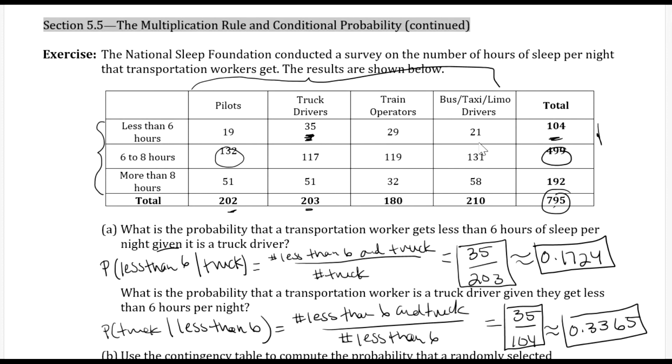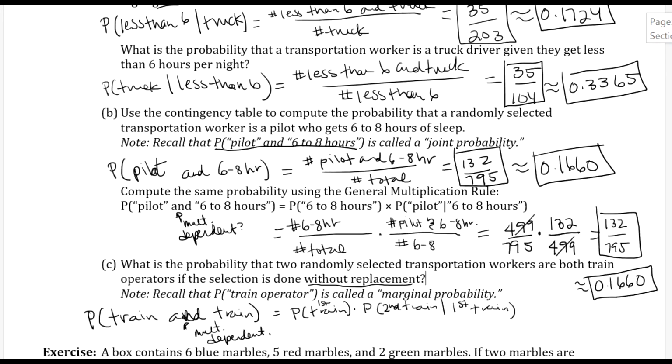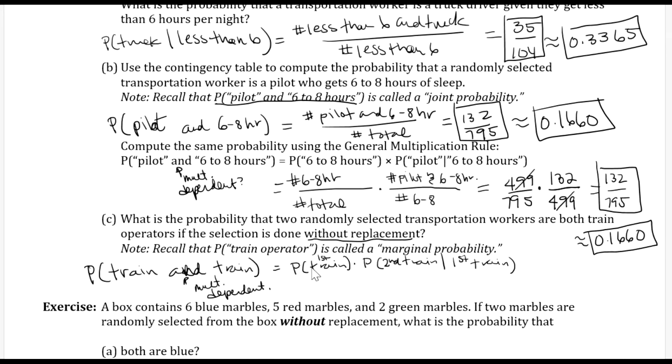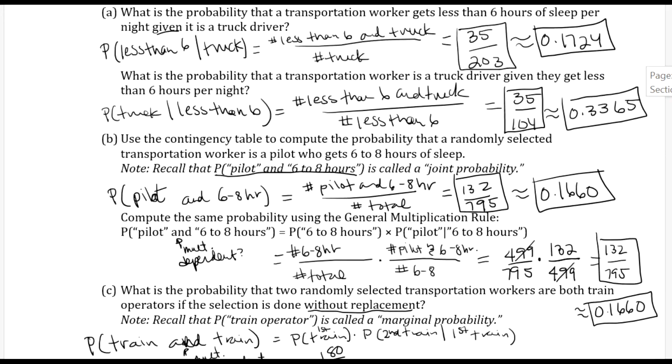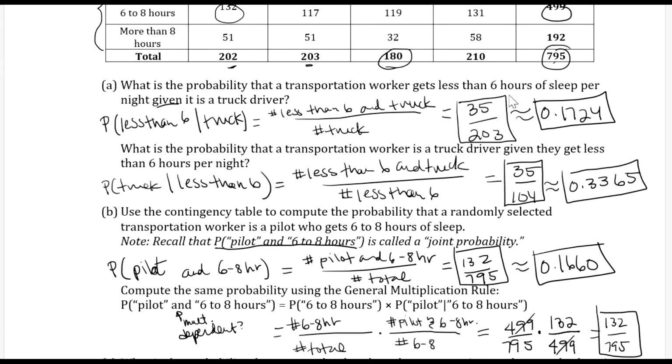There are 180 train operators. So the first one being chosen as a train operator is going to be 180 out of our total, which again is 795.